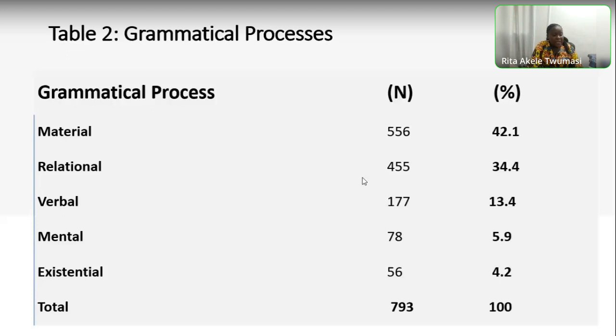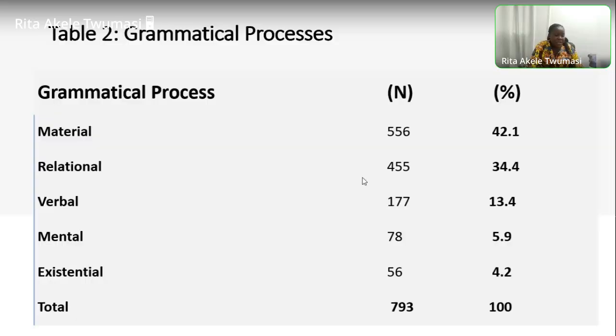Now, this can be explained as the data used for the present academic writing, that is the examiner's report, allows for values and attributes to be evaluated. But the literary text used in Rose 2008 allows for conversation and dialogue, and the use of more verbal and mental processes in that data.